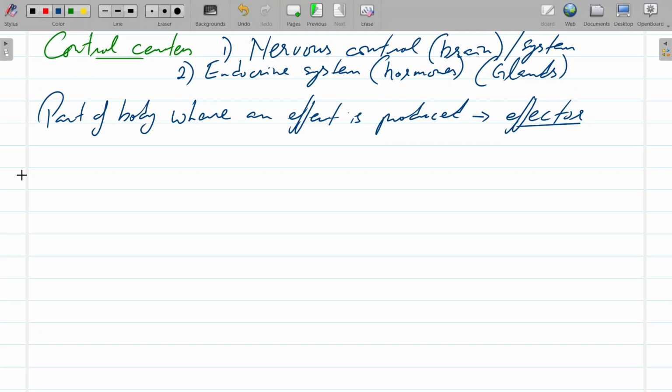Does it include all our hormones? Yes, the endocrine system, but not all the gland systems. That's what the endocrine glands are different from other glands. The endocrine glands are called ductless.